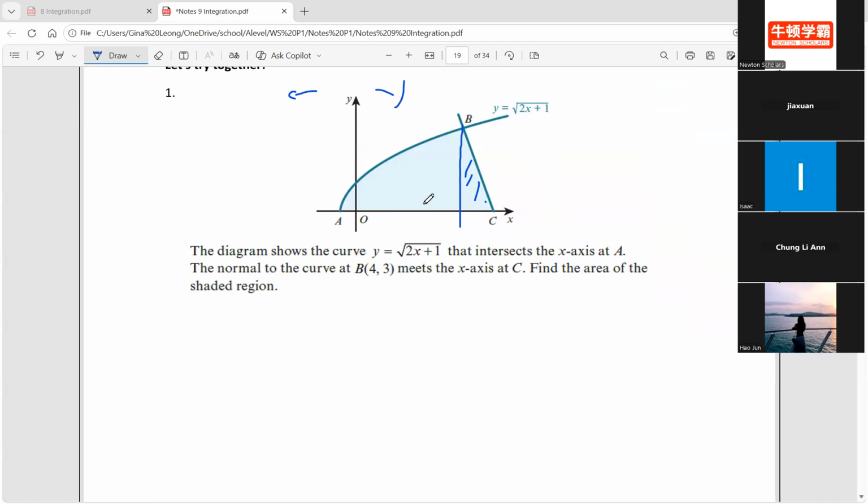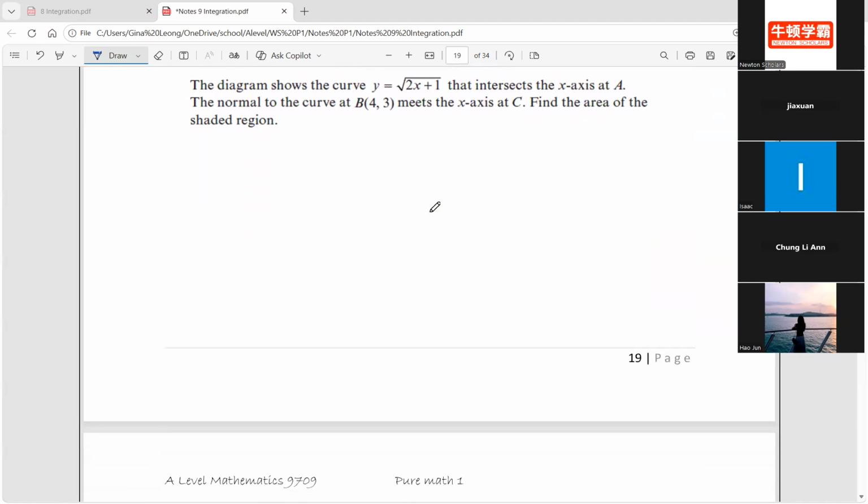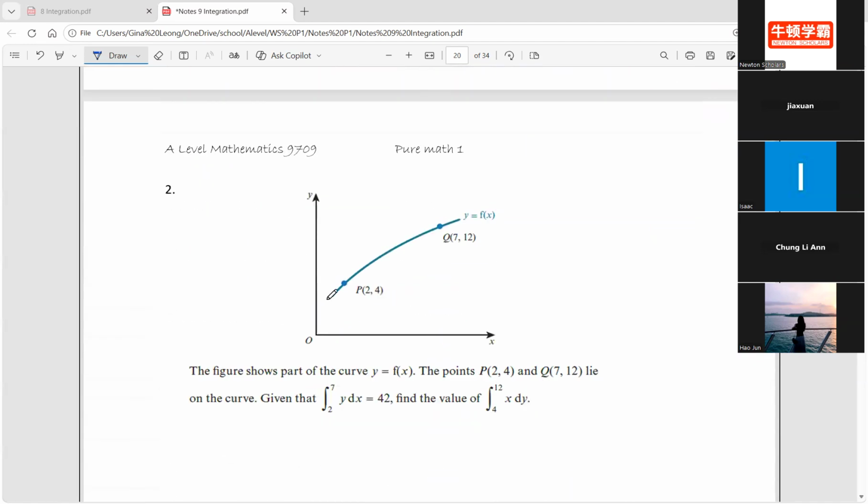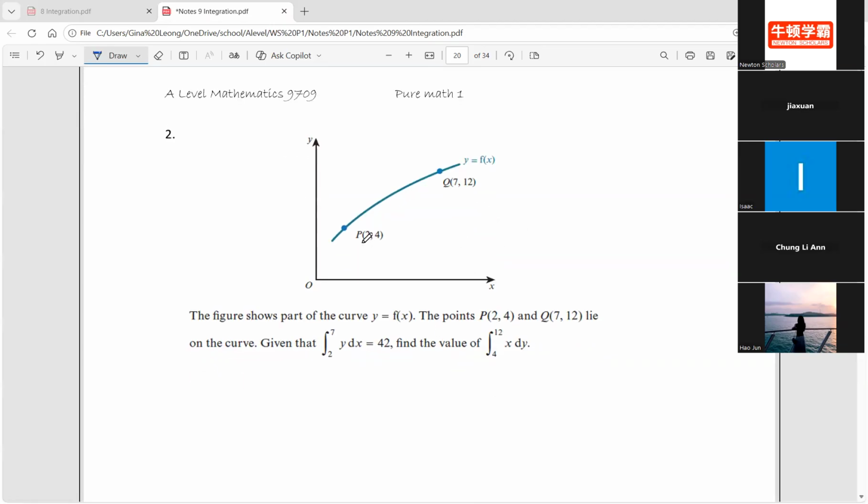Then after that, we have another type of question like this. He gives you a question without any equation. He just gives you y equals f(x). Then he gives you the points P and Q, but we know that this is a curve, not a straight line.